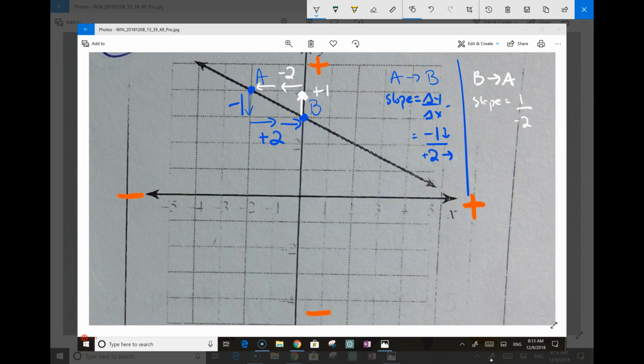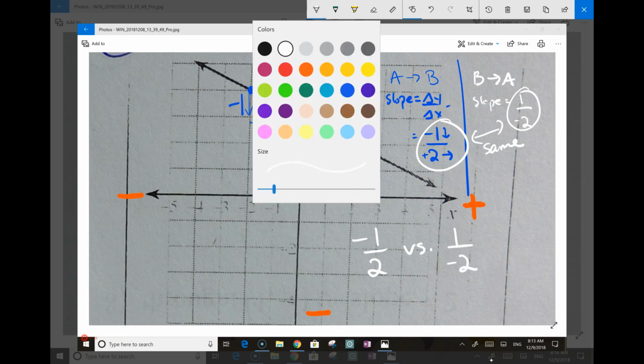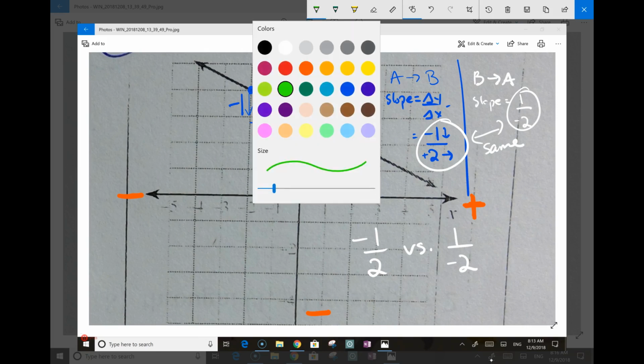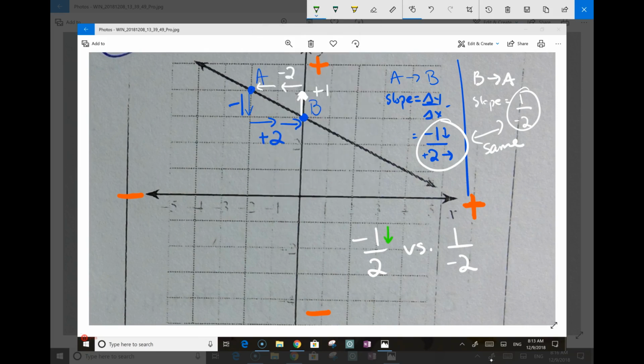Now, if you're wondering whether these two answers are the same, they are in fact the same. The only difference is that the negatives are in different places. If you take a look at -1 over 2 versus 1 over -2, the only difference is that one is saying to go down and right versus up and left.